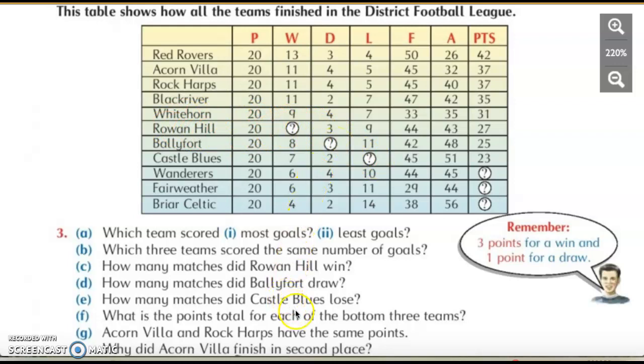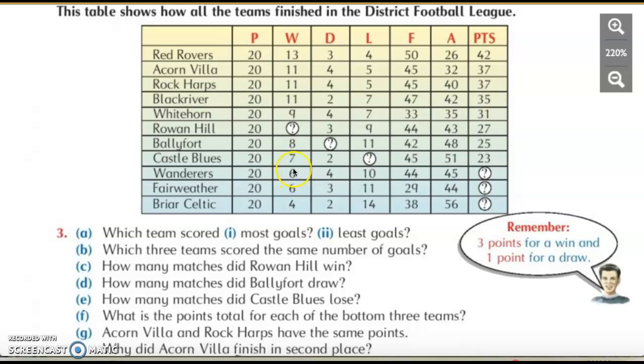What is the points total for each of the bottom 3 teams: Wanderers, Fairweather, and Briar Celtic? How many points did they get? You have to come back and have a look at your remember point here: 3 points for a win, 1 point for a draw. Wanderers won 6 games, so 6 multiplied by 3, because they get 3 points for every game they won.